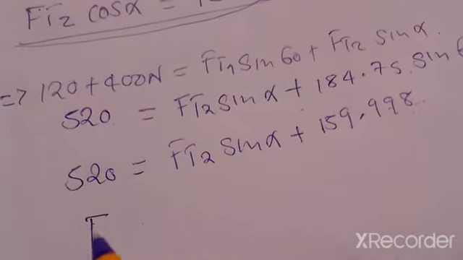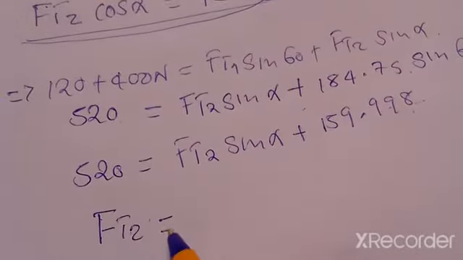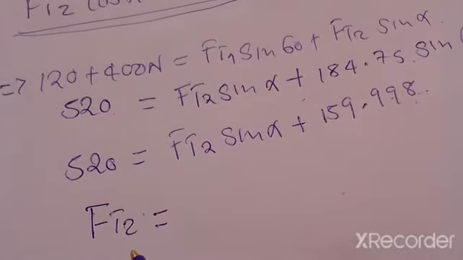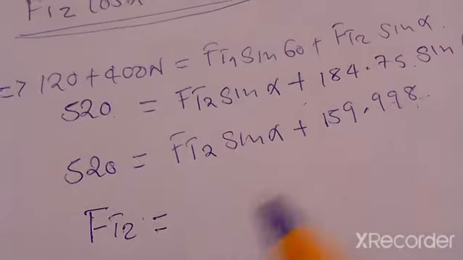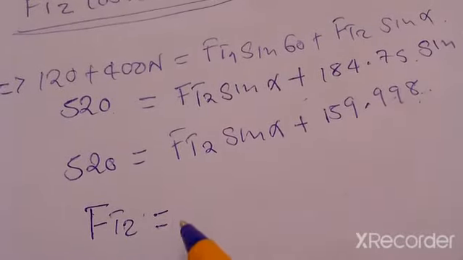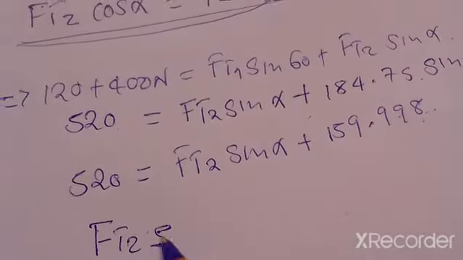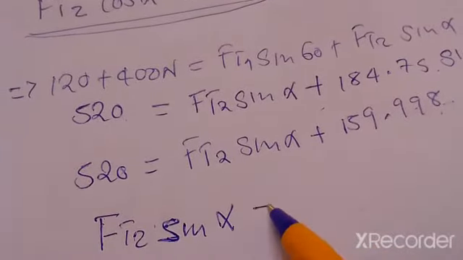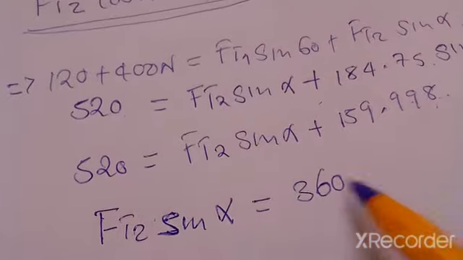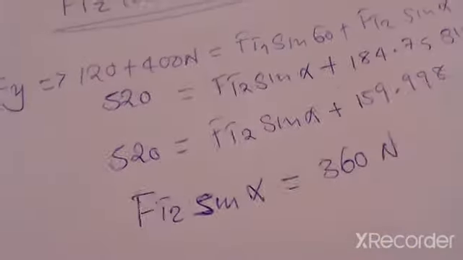Okay, so what is FT2? FT2 sine alpha is going to be equal to 360 newtons. That's what we have.